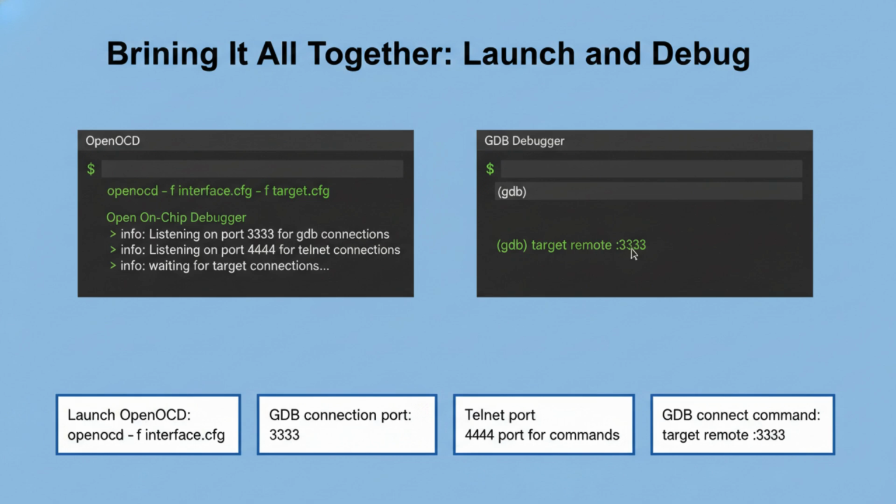The GDB port 3333 is what your debugger will connect to. In a separate terminal, or your IDE, you can then launch GDB and connect to OpenOCD using the command target remote :3333. This establishes the communication bridge, allowing GDB to send debugging commands to your RISC-V board via OpenOCD and your debug adapter.